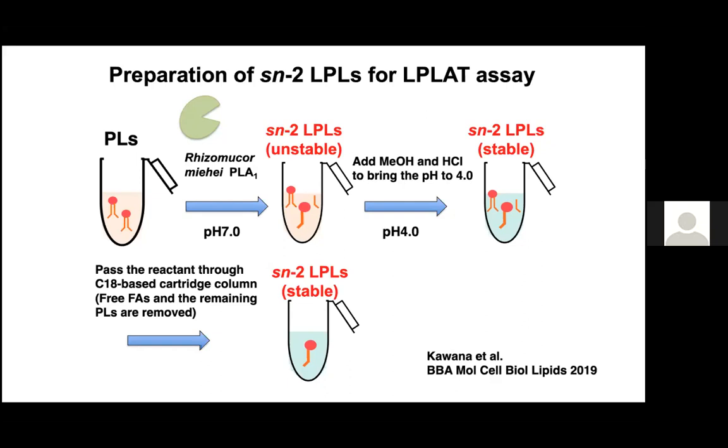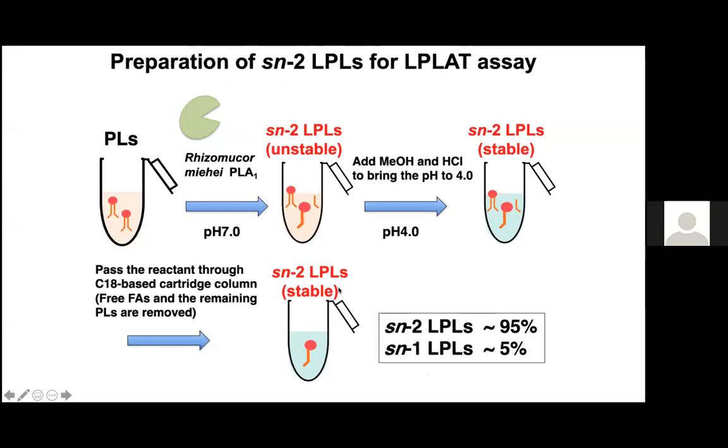So this is a protocol for preparation of stable SN2 lysophospholipids. First, we digest phospholipids using fungal PLA1, and after 30 minutes, the reaction was stopped by adding methanol and hydrogen chloride to bring the pH lower. After the fatty acid and the remaining phospholipids are removed by a C18-based cartridge column, the flow-through fraction was used as SN2 lysophospholipids.